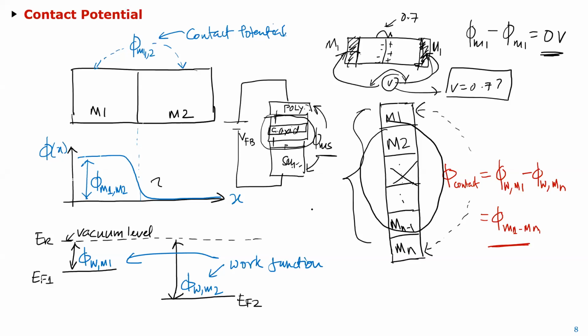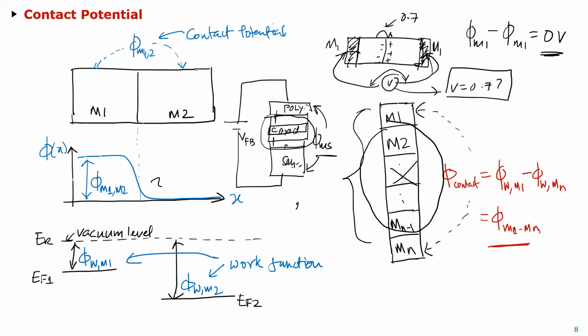So from the capacitance point of view, that is going to be my next question. Because of this built-in potential, there is a capacitance. And now if between M1, M2, M3, M4 till Mn, the capacitance is with respect to M1 and Mn, like here you have explained poly, oxide, and semiconductor. So from the capacitance point of view, it is the same if I just connect poly and a semiconductor.